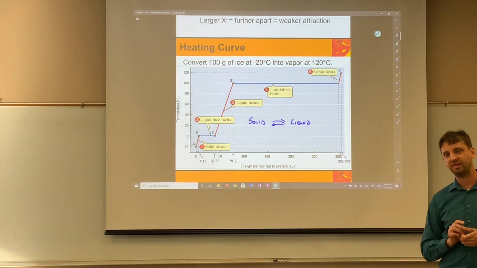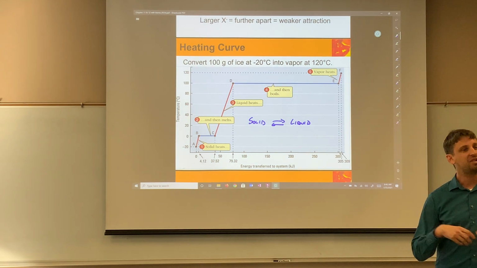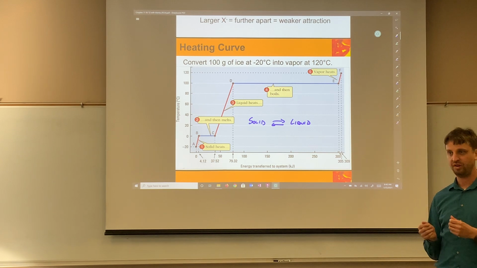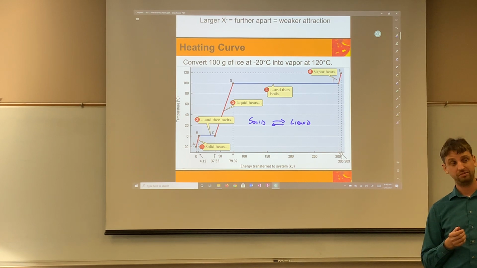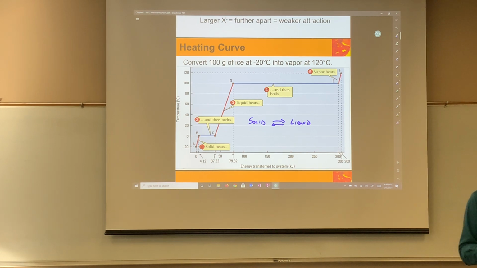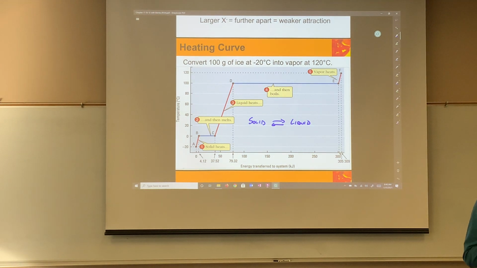Now, the reason why this happens, this question you guys can answer: what's the dominant intermolecular force in something like water, H2O? Hydrogen bonding, right? Now, what we haven't talked about, because it's a little bit advanced, is that hydrogen bonding is directional. The hydrogens have to be pointing at the atom that they're going to interact with.